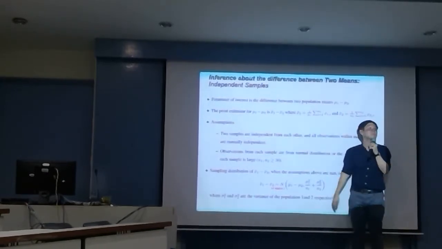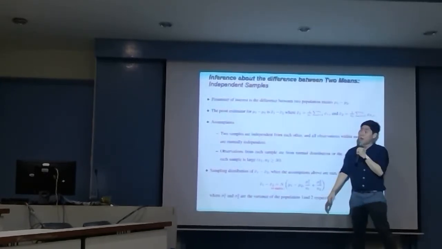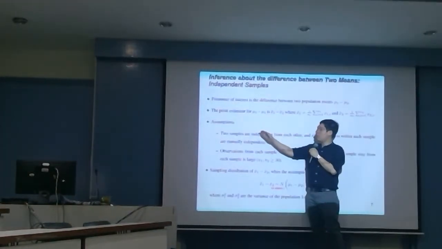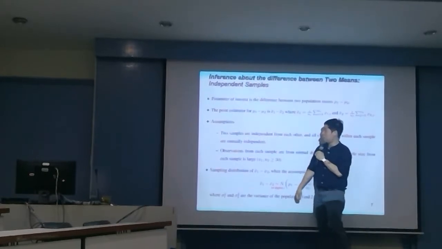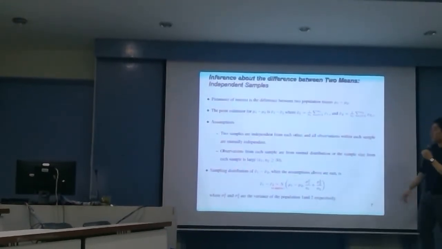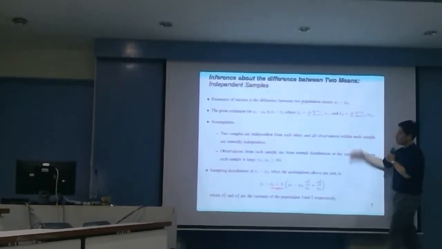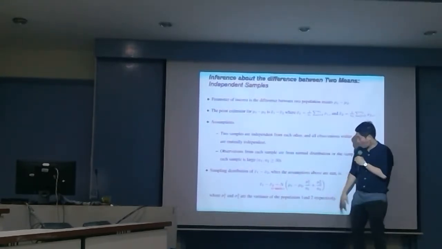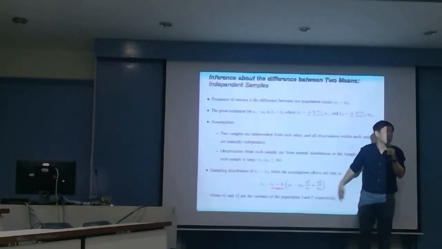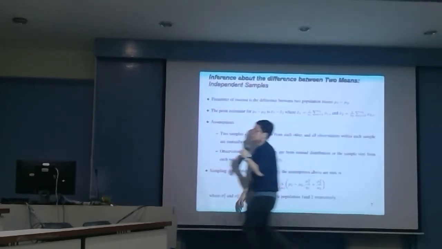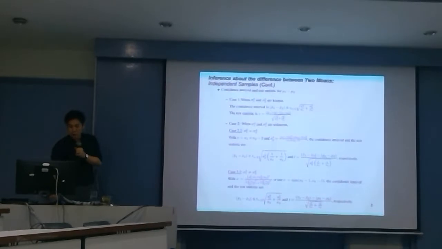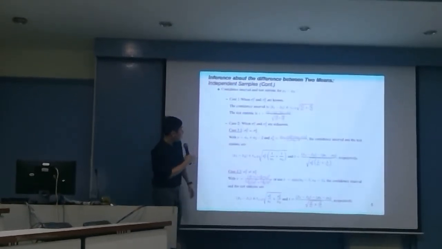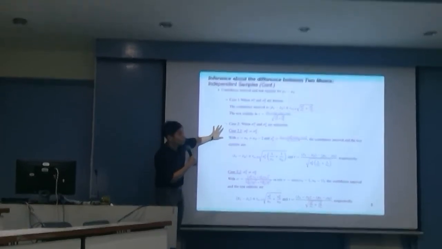The one I wrote is x bar and y bar. The assumptions are independent random samples, and both samples are from normal or n is large for both. If this condition applies, this goes to normal, that goes to normal, and normal minus normal becomes normal. That's just a technical thing, don't worry too much. Then at the end, you're going to have a version of the confidence interval and the test, but the one you're going to focus on is the test.